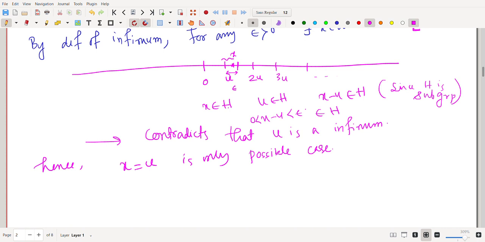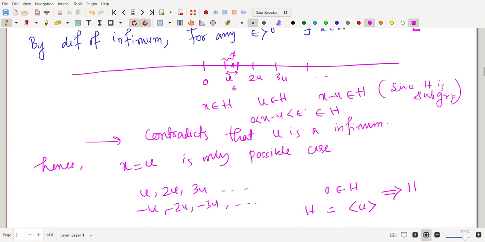So that means we have only U, 2U, 3U, and so on. And H is a subgroup, so that implies minus U, minus 2U, minus 3U, and so on are there, and 0 is already in H. That means H is the cyclic group generated by U. This implies H is cyclic.